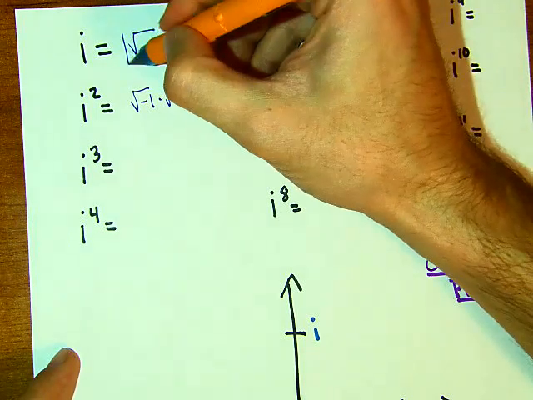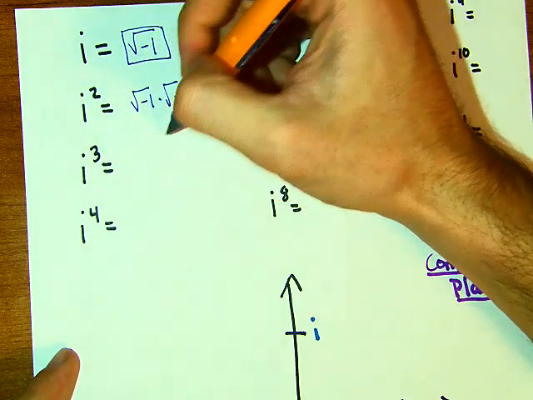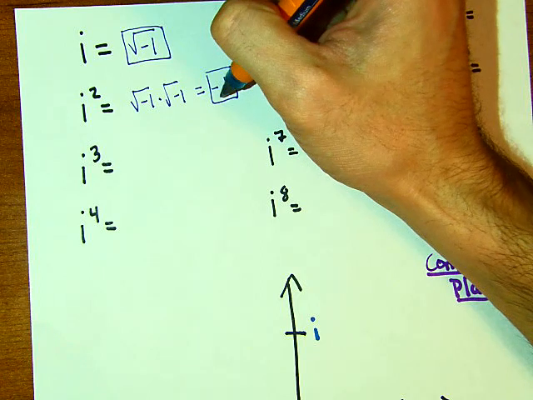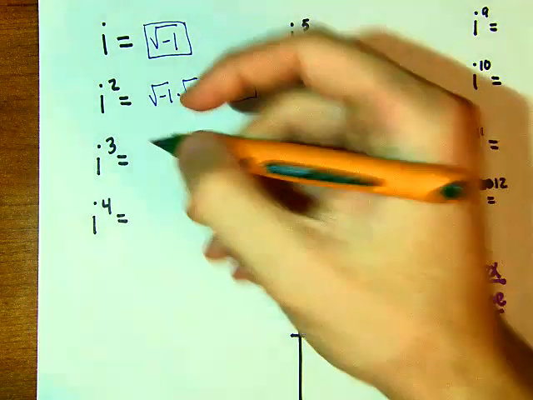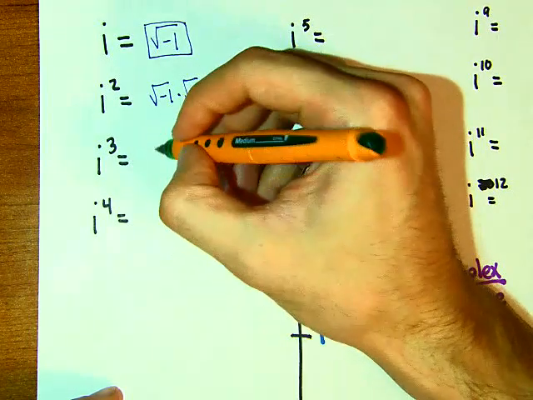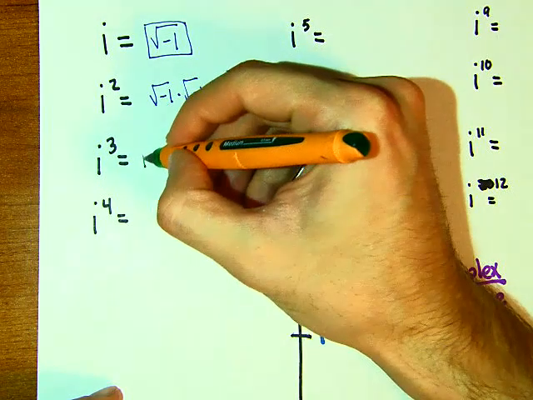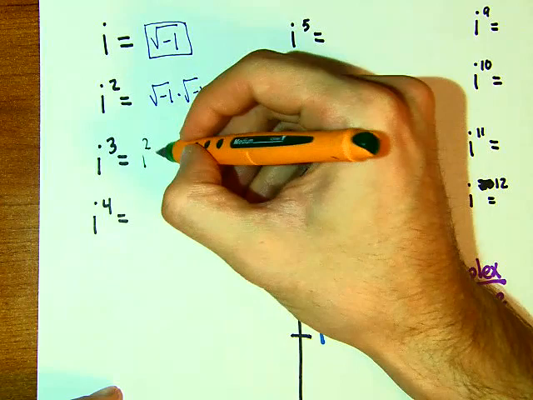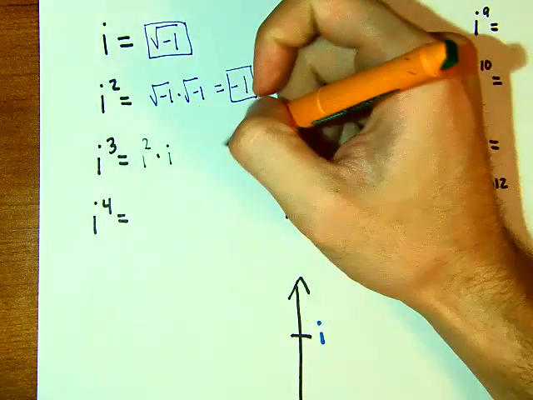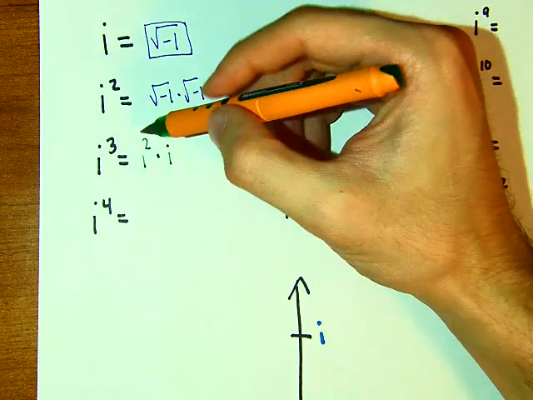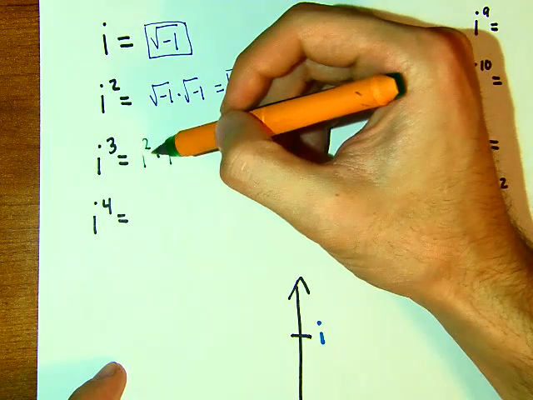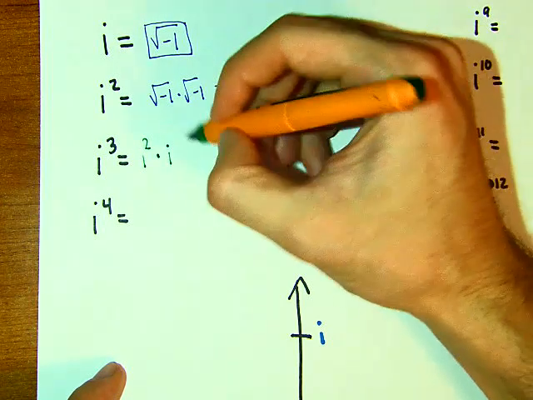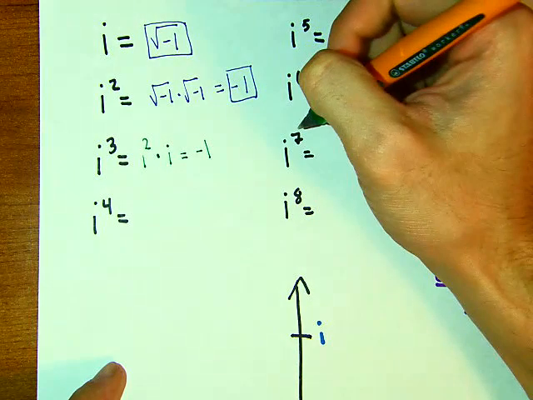So we have that. But what's i cubed? Is it okay to say that i cubed is equal to i squared times i? Is this true? Because it's the powers of the exponents, right? But i squared is equal to minus 1.